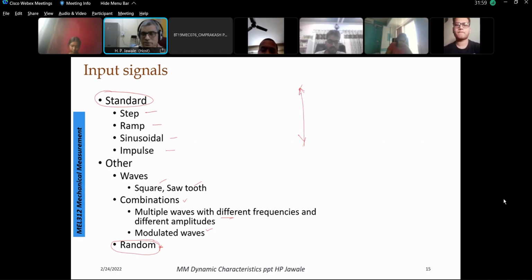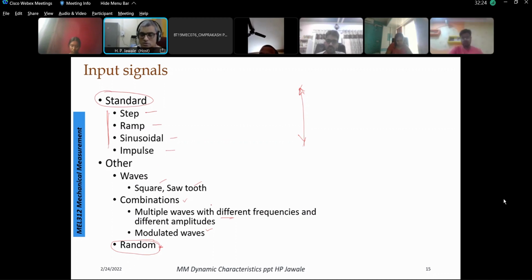Though we have defined different types of input signals, our study will be very limited to the standard signals, whose mathematical formulation or equation is very clearly known, right? So we can apply only the very known standard or regular signals like step, ramp, sinusoidal, impulse, and at the max the waveforms, square, sawtooth, and other ones.